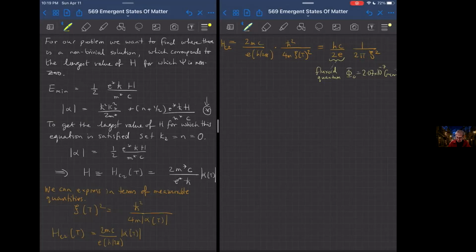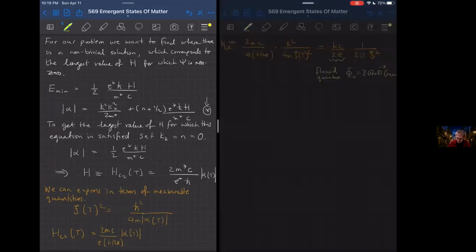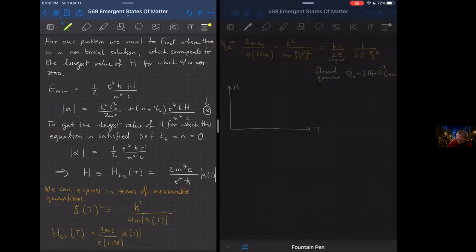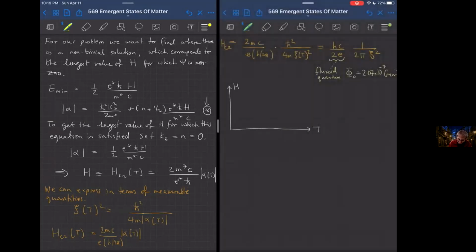So the next thing we need to ask is, so now we found Hc2, but we now need to know whether or not that is above or below the thermodynamic critical field. So here's our phase diagram. Right, so we've now got two curves in this thing.